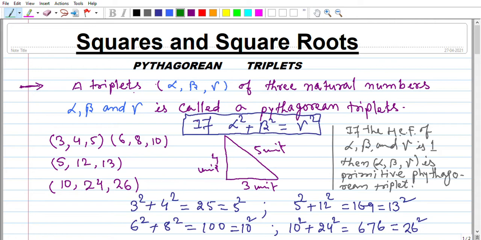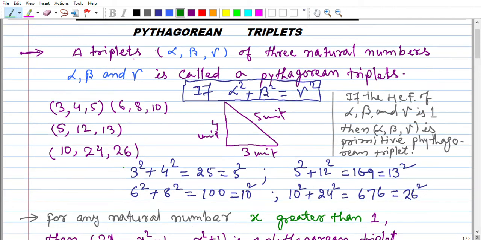Now let's see here. I have written some triplets: 3, 4, 5 is a triplet. 6, 8, 10 is also a triplet. You see here 3 twos are 6, 4 twos are 8 and 5 twos are 10.